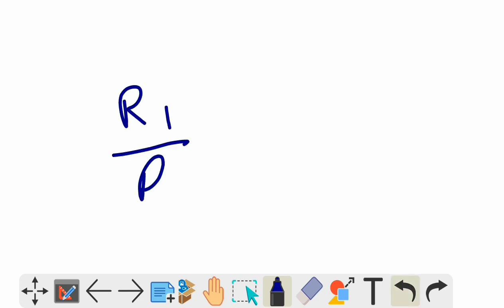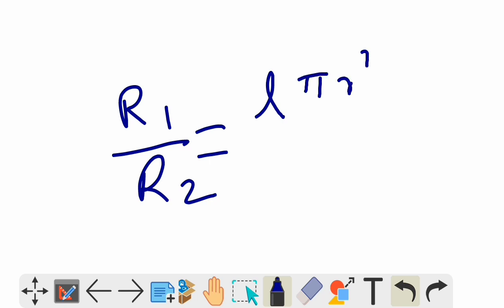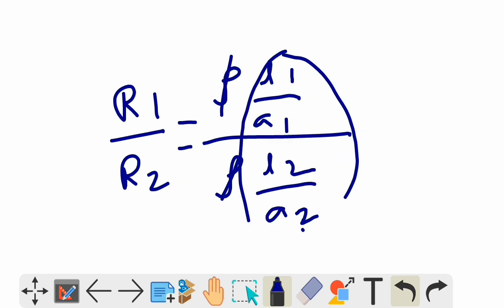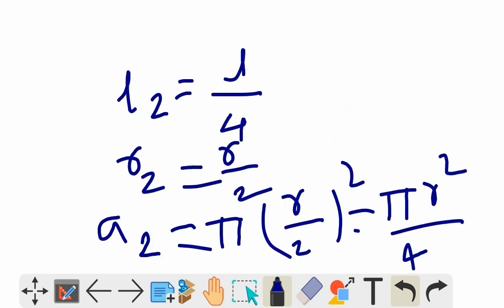Let's substitute the values. R1 by R2 equal to L1 is L and A2 is pi r square by 4. That is what we got. If you want, just go back and see. A2, how much we got? Pi r square by 4.